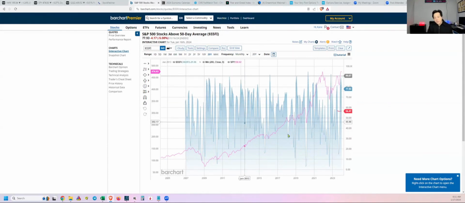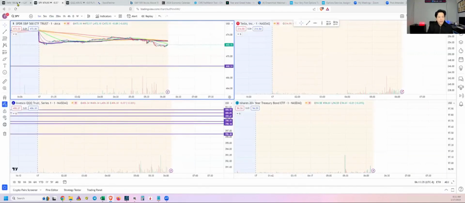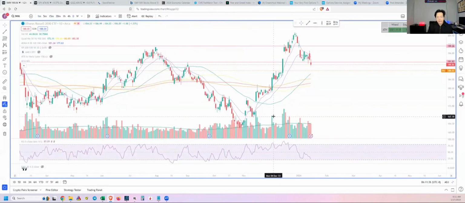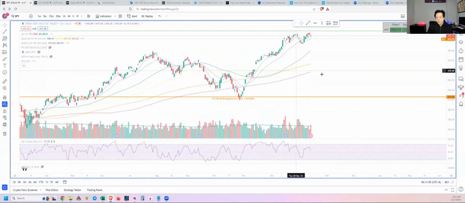When that happens, when you have half the stocks in the S&P 500 or lower at their MA50, that means that at best, unless we are overweight on the huge influencers like the Magnificent Seven, we will be at the very least at the MA50 in the S&P 500.